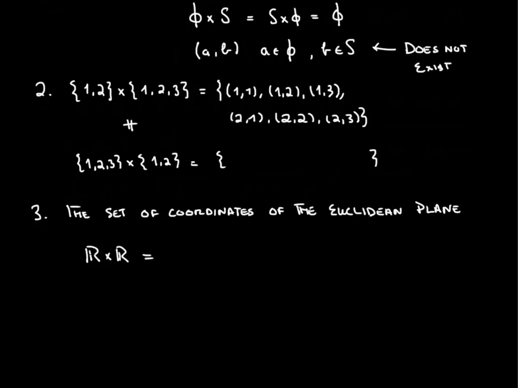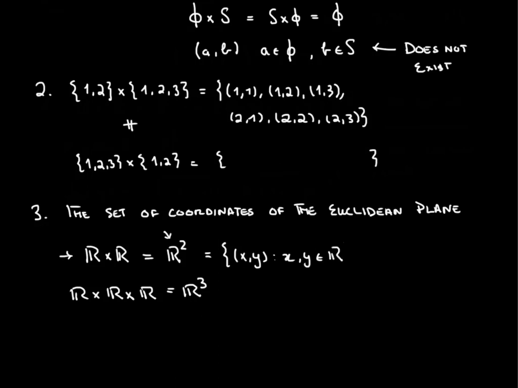In this case, when we deal with two of the same set, we often use the notation squared, like this. So if I have a cross product of three sets like this, well, I can write it as R^3, and so on. This notation is going to be more or less consistent. Sometimes we'll opt for using the cross symbol or the exponent. So this is formed of all the pairs (x, y), such that x and y are both real numbers.